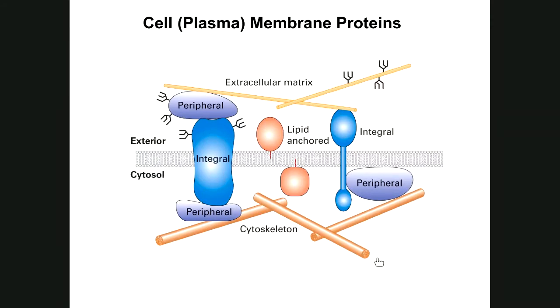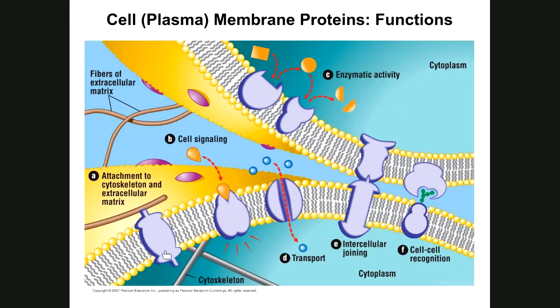And again, keep in mind, integral is a fancy way of saying transmembrane proteins. I will use transmembrane, or a more specific name such as CAMs, receptors, or for this chapter 7, you will hear me say channel proteins or carrier proteins. This figure right here, which I'm going to circle, represents a channel protein.